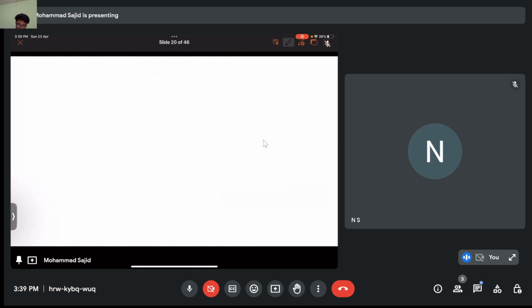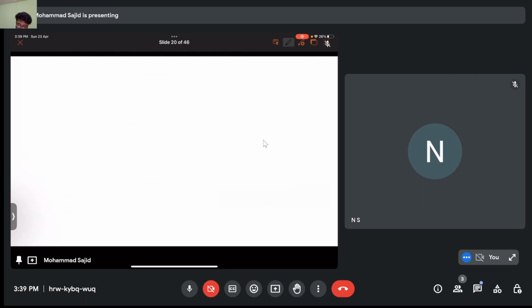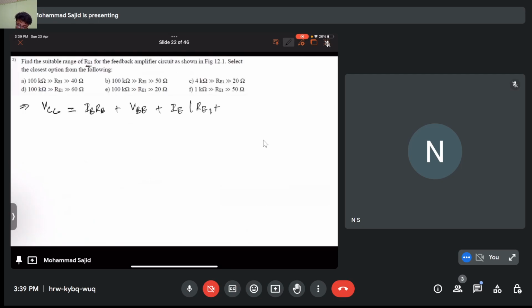We can apply the KVL now. VCC will be IB RB plus VBE, the voltage drop across the base and emitter terminals, plus IE, and IE flows through the combination of RE1 and RE2, right?